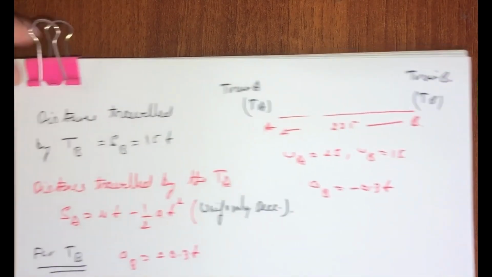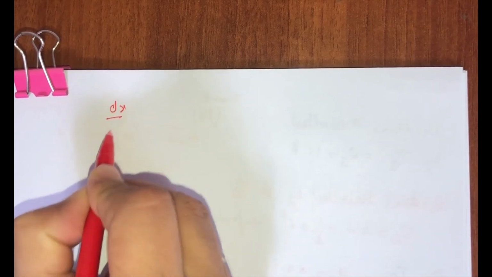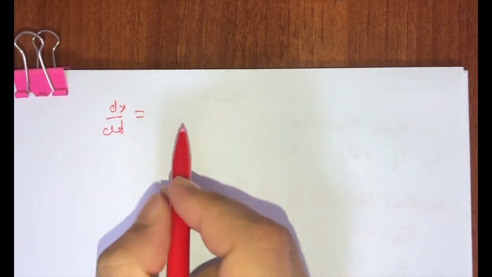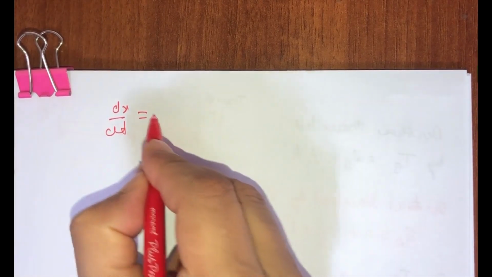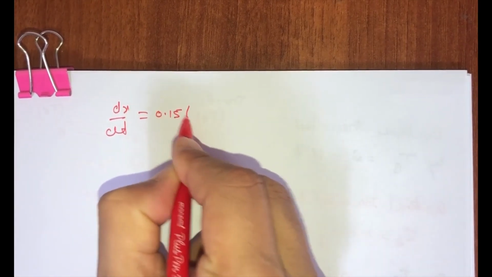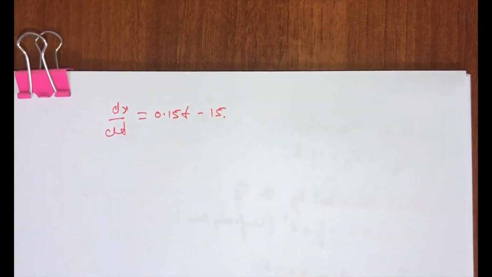So we are going to integrate it again. Let me write this equation again here: dx by dt is equal to 0.15 t minus 15.